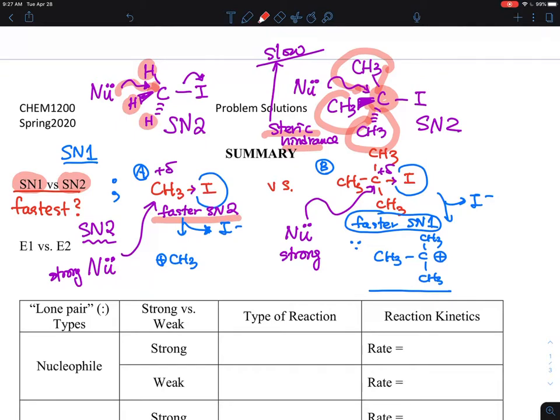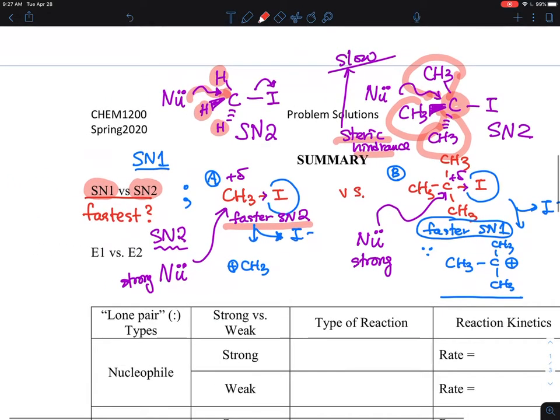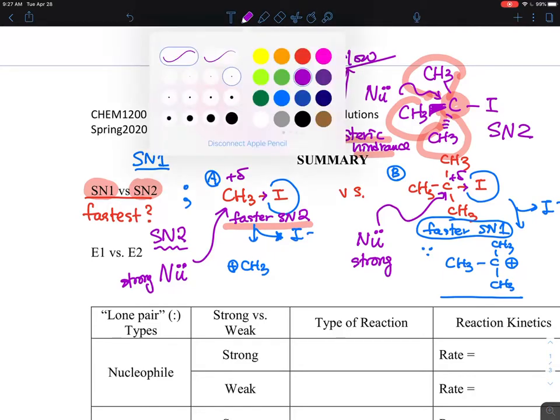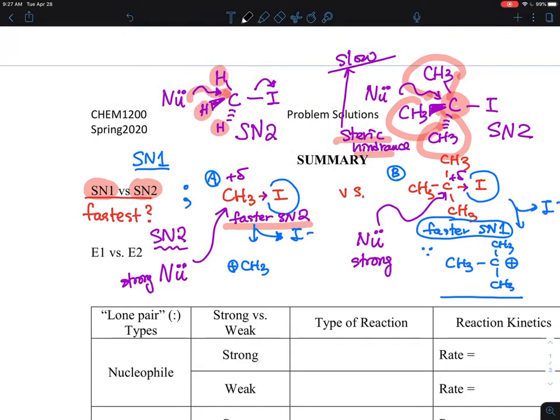So the answer for all the things that we said: for SN1, B is the fastest. For SN2, A is the fastest. Okay, so that's the one.